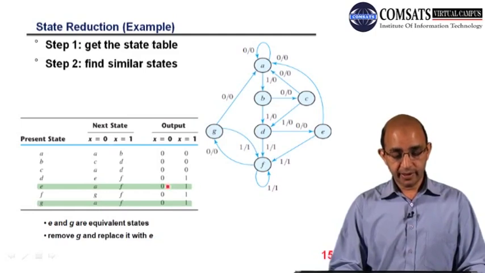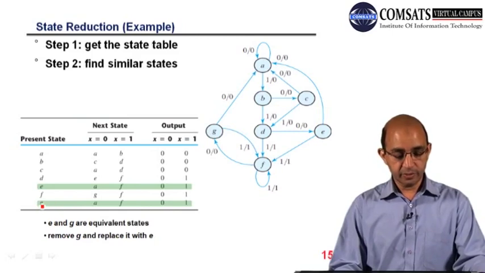So this is the next state, and this is the output. You can see that these two rows are identical, so the states E and G are equivalent. What we can do is remove G and replace it with E. I can put an E over there.